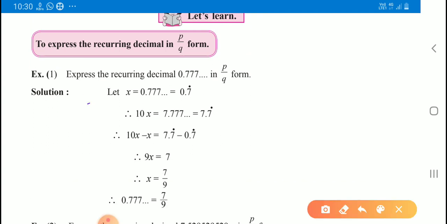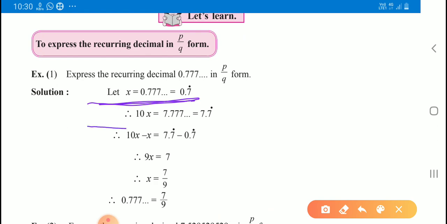First we have to take the value x. x is equal to 0.777 recurring. So 7 is recurring, so we have to write a point on the head of the 7. So we have written here 0.7.